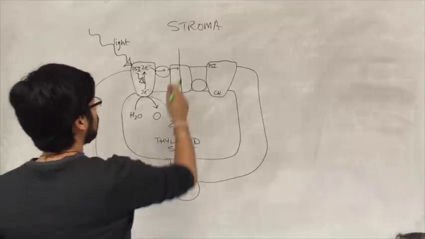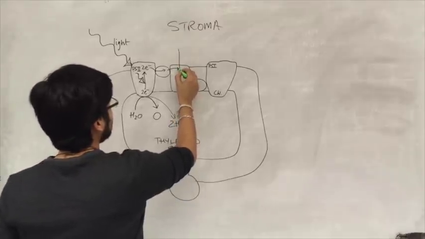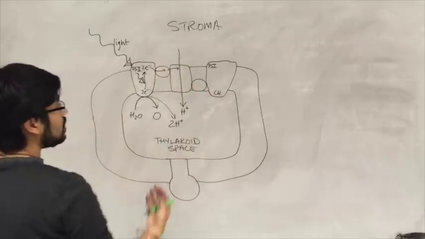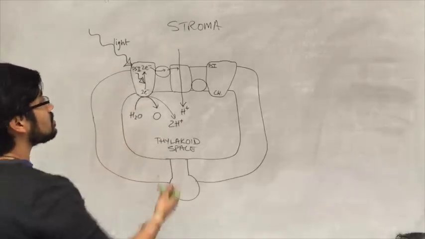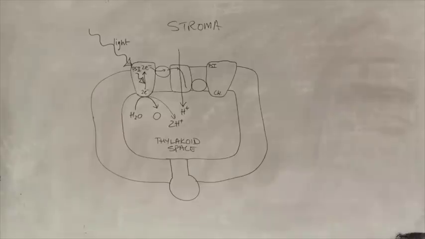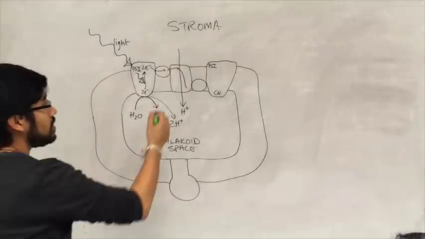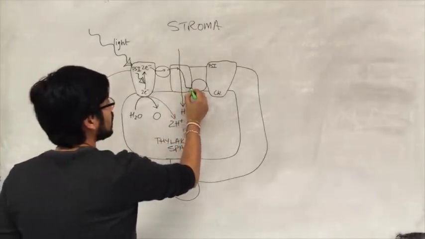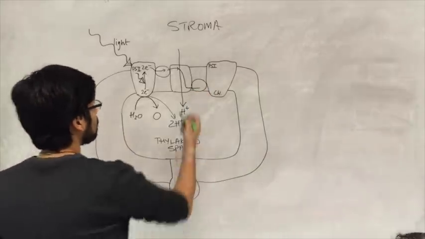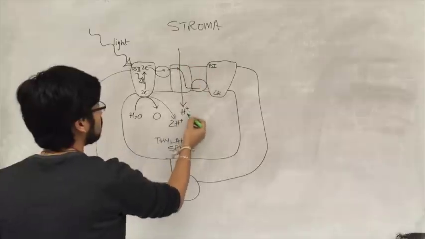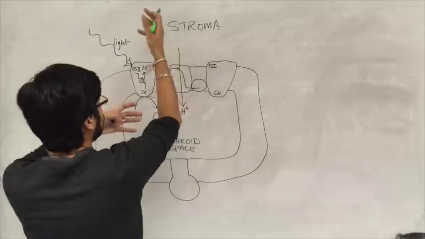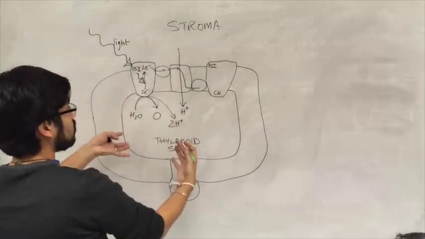Because the energy of these electrons was used to move protons from the stroma into the thylakoid space, the energy of these electrons then goes down. So the electrons lose their energy and go into a low energy state, because the energy was used to actively transport H+ ions or protons from the stroma into the thylakoid space.